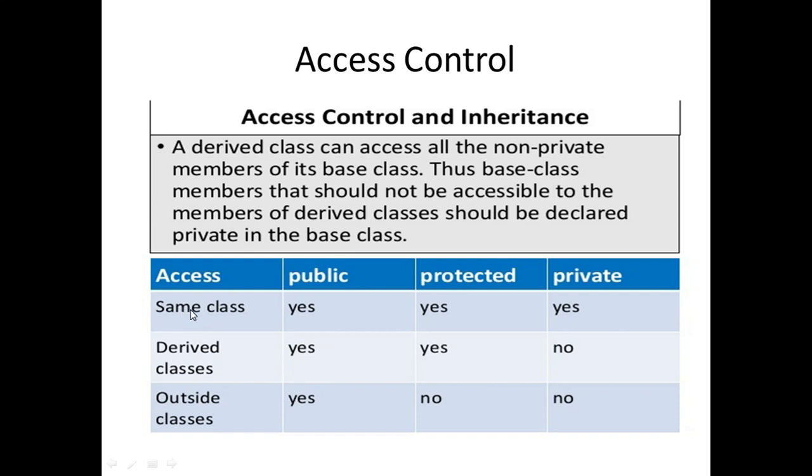And here are the same class, derived class, and outside of the class. If it is the same class, then we can access all. In a derived class, only private variables we can't access, but protected and public we can access. And for outside of the class, we can use only public. For protected and private, we can't access.